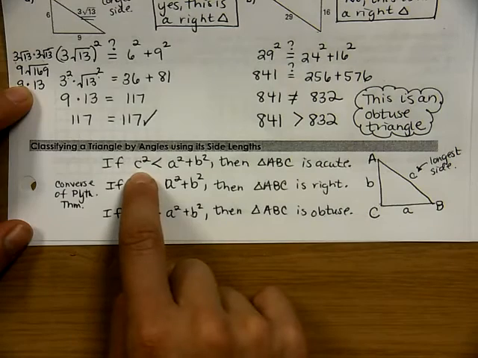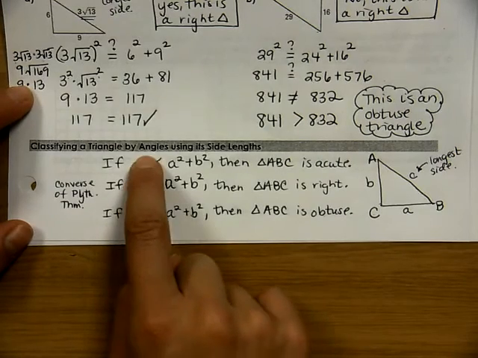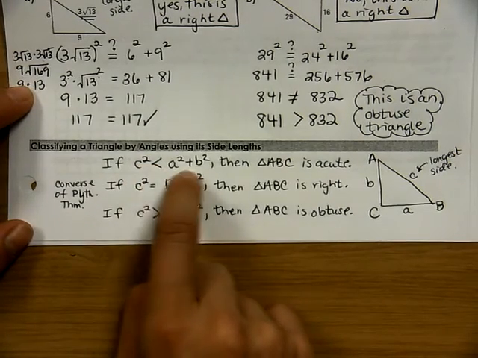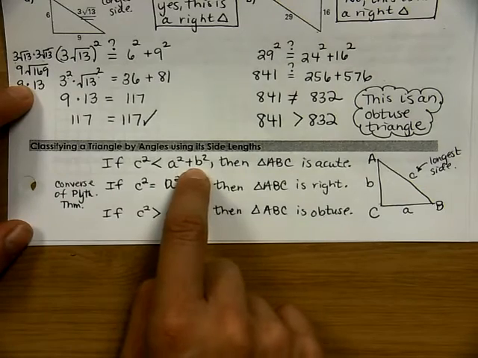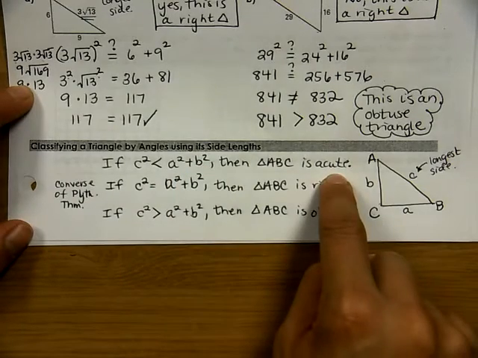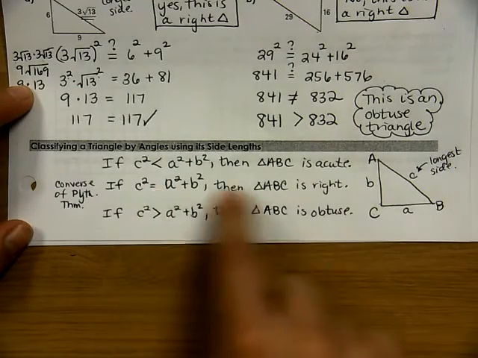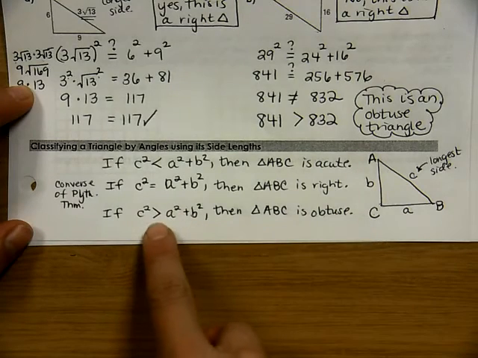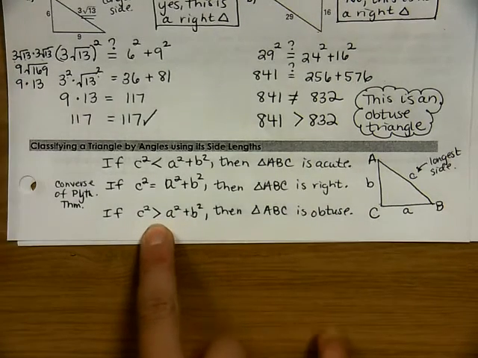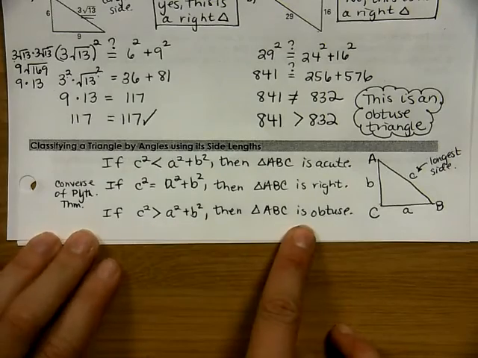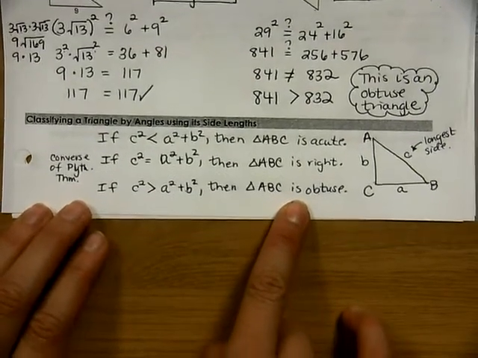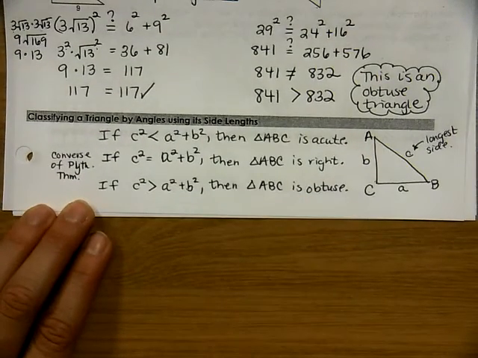So if I take the longest side and square it, and that is less than the sum of the squares of the other two sides, then it's an acute triangle. If it's equal, I will have a right triangle. And if that hypotenuse squared is greater, then it will be an obtuse triangle. So we can now use this to classify any triangle if we're given the three side lengths.